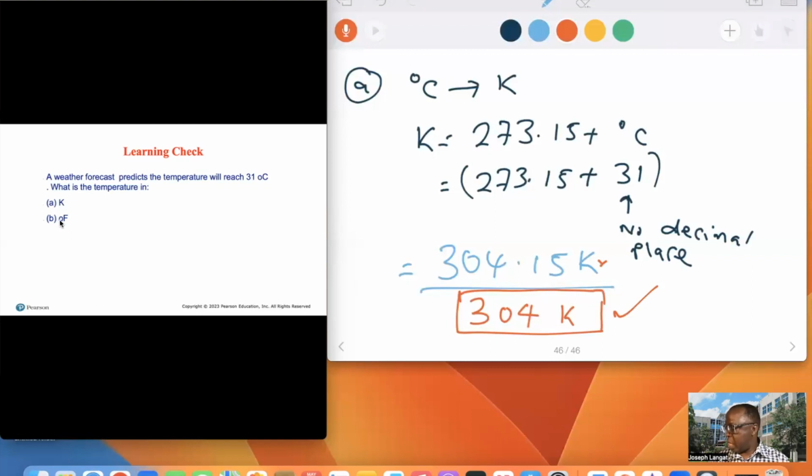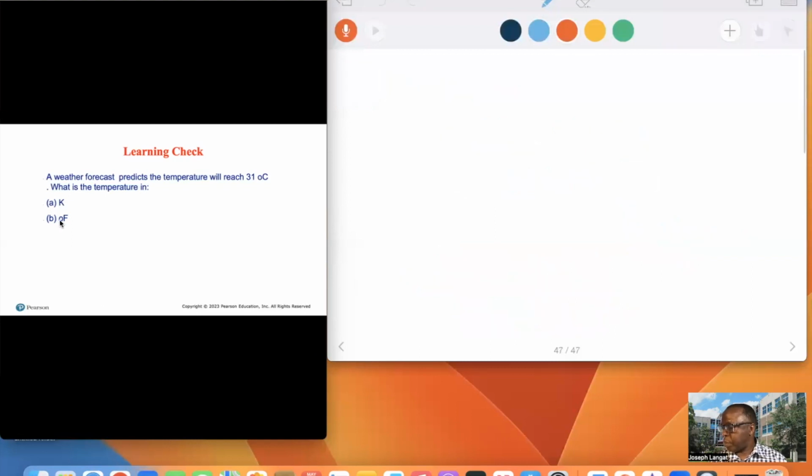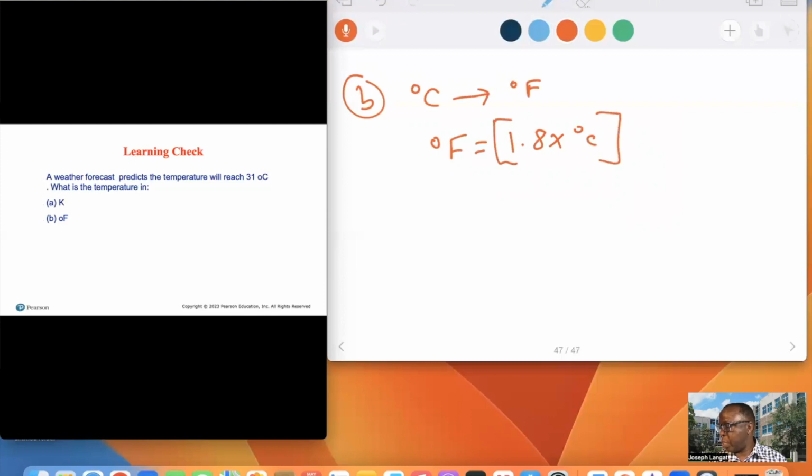Then lastly, in B, we want to change degrees Celsius to degrees Fahrenheit. Our equation will be degrees Fahrenheit is given by 1.8 times degrees Celsius, in parentheses, plus 32. We're not going to use the 32 to determine our final answer.